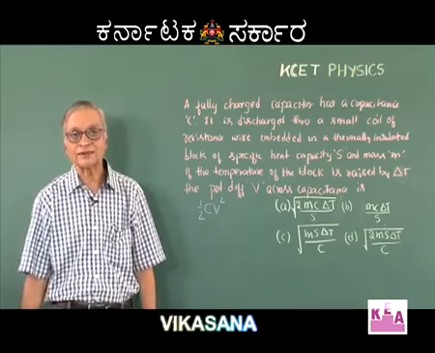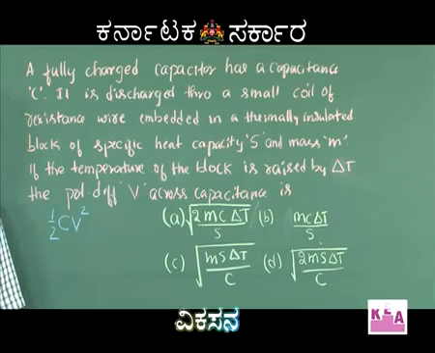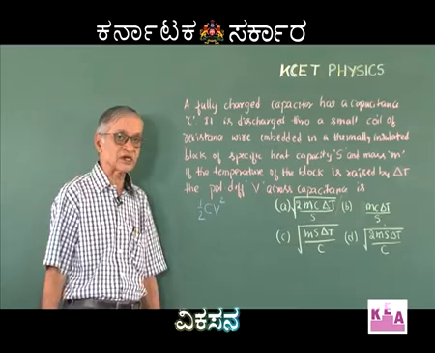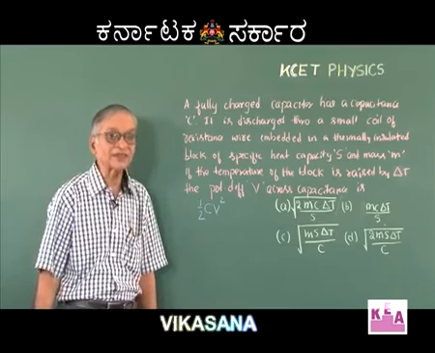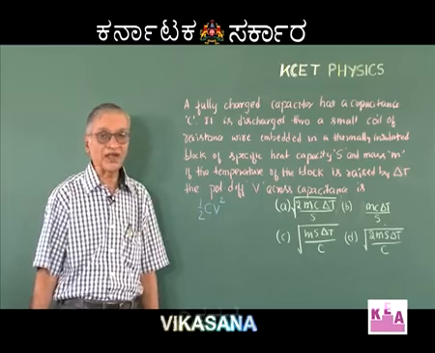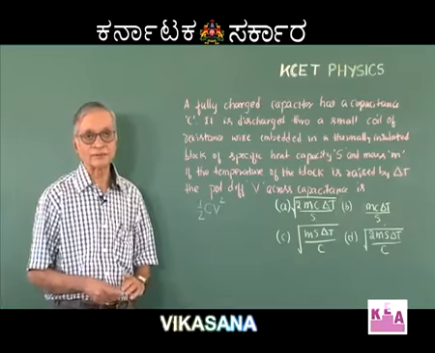It is given that the resistor is kept in a thermally insulated block. That means the heat produced in the resistor is not dissipated out, or in other words, it is not radiated out, and therefore the entire energy is utilized in heating the wire.